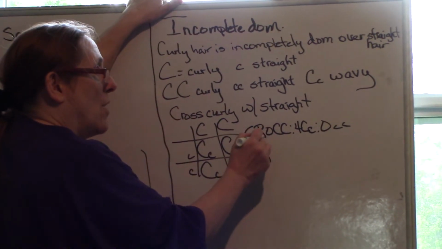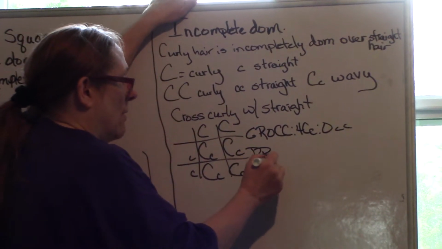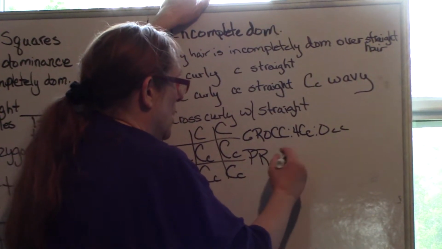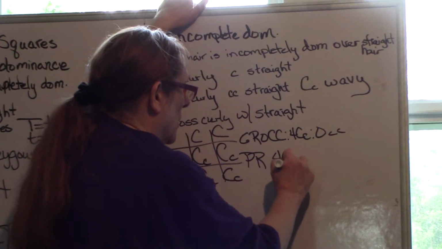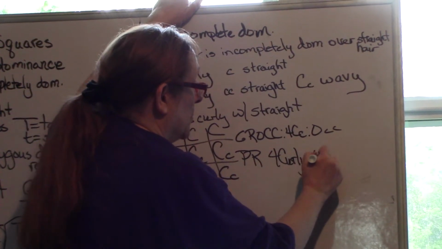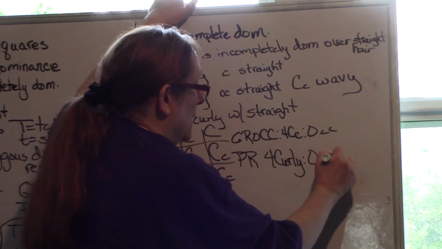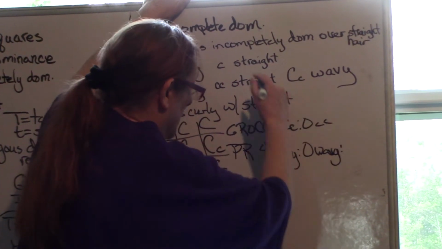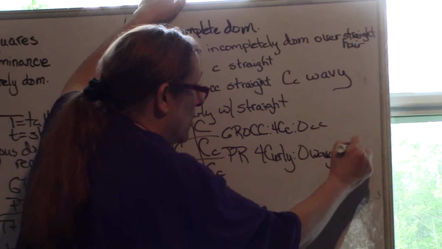Remember, GR genotypic ratio, PR phenotypic ratio. We get for curly, and you could go on and put these in, 0 wavy, because I've said that we've got this, and 0 straight.